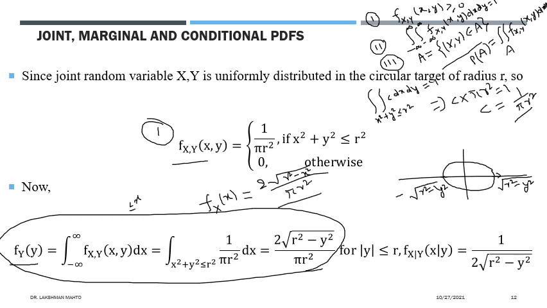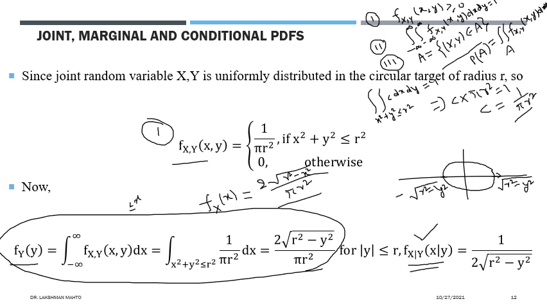Now, after using the definition of conditional density as a ratio of joint density and the corresponding marginal density, we will get the conditional density of x given y. Anyone might say the conditional density should be a function of x, but it is independent of x. For each y we are getting this formula of conditional density.